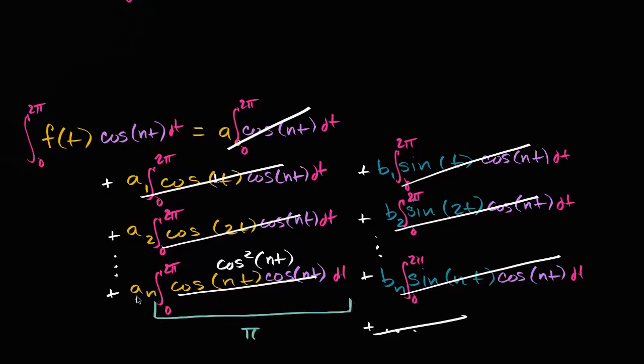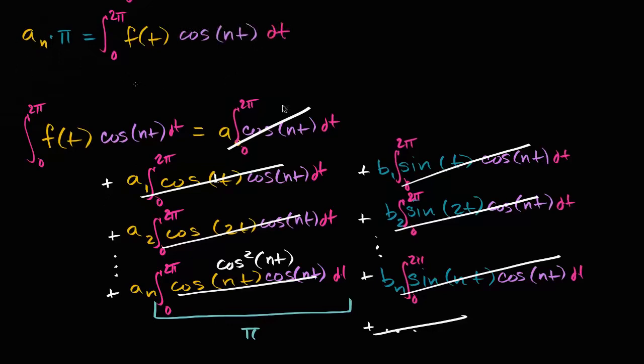And so now we can start solving for a sub n. We know that a sub n times pi is equal to this, because everything else ended up being 0, which is very nice. It's equal to the definite integral from 0 to 2 pi of f of t times cosine nt dt.